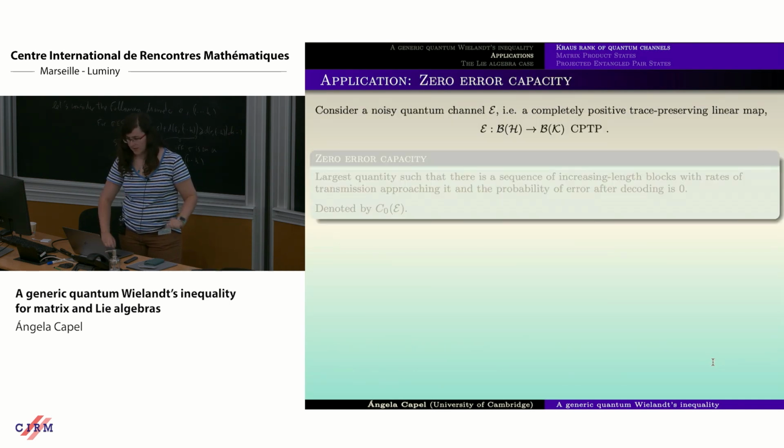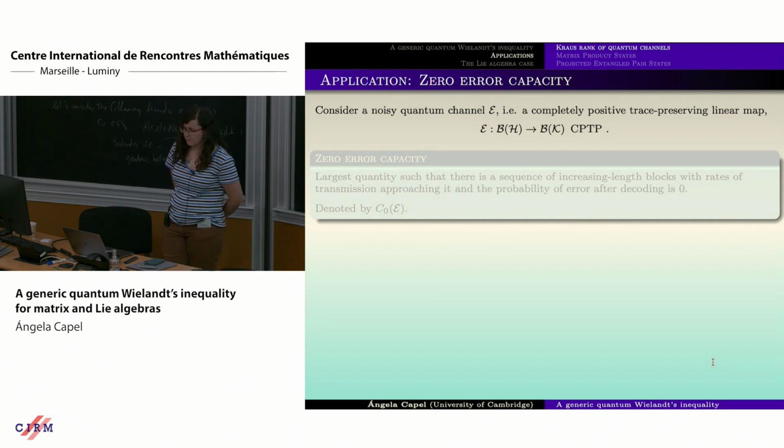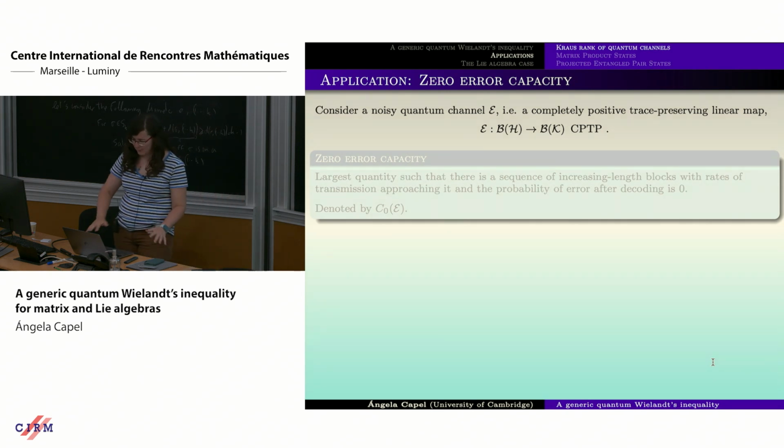And then the second application will come later. This is kind of related to this application for the moment, and it's in the context of zero error capacity. And I don't want to introduce here what this means. I just want to mention it because Sadvik is going to be talking about this tomorrow. So this is the relation to Sadvik's talk, essentially. So now what I'm doing is considering here a noisy quantum channel.